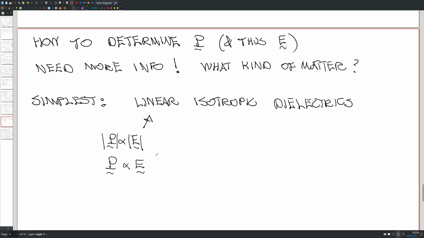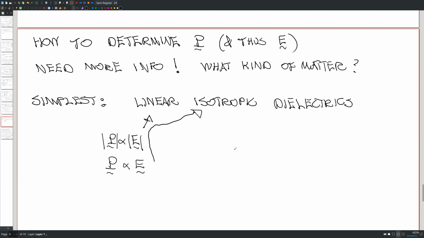So linear isotropic means that polarization is proportional to E in size, but also in the direction of the field, irrespective of where this direction is. Okay, it absolutely does not have to be like that.